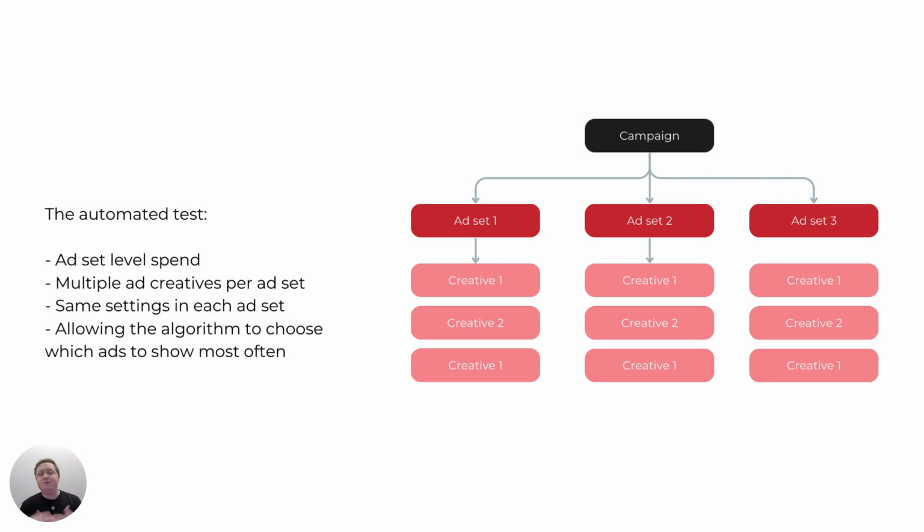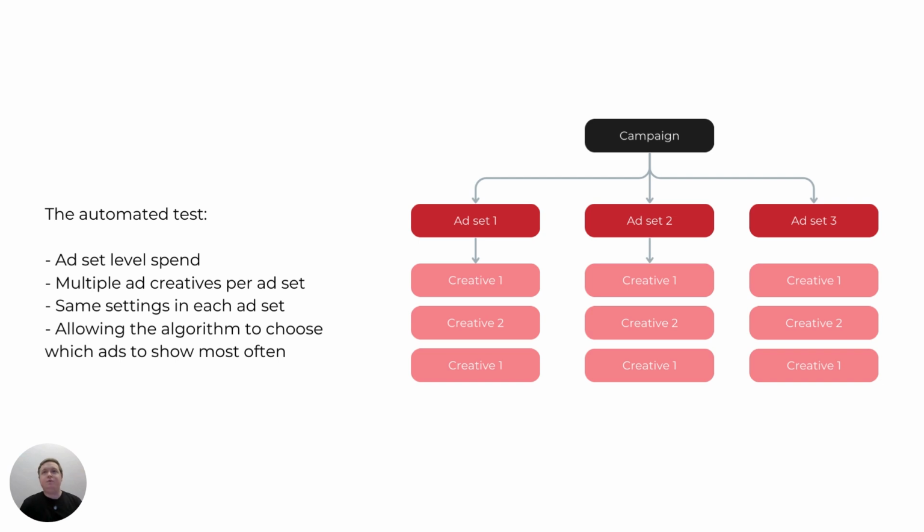So what happens is you set up three different ad sets, you put in creatives, right? Different ads, creatives, and you essentially put in money and start to observe what the algorithm does. And sometimes it does pick a winner and it chooses to spend most of the budget on that specific ad or that specific creative, but not always.